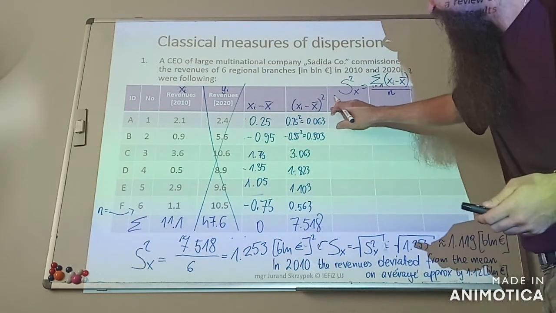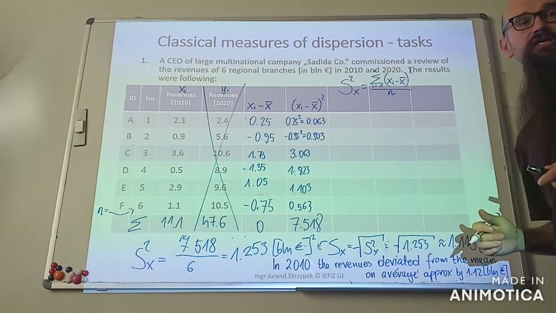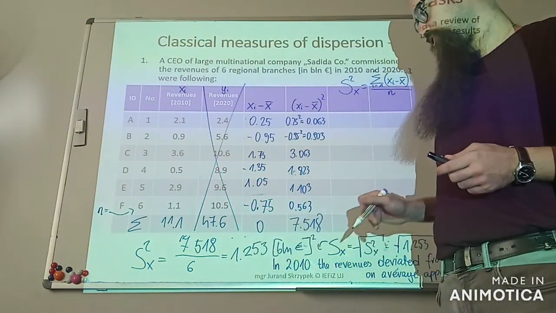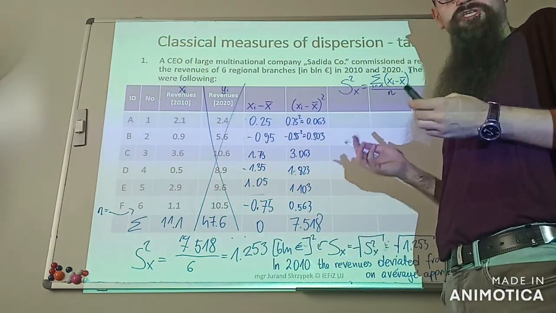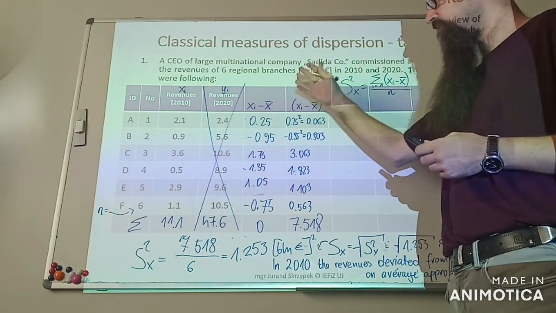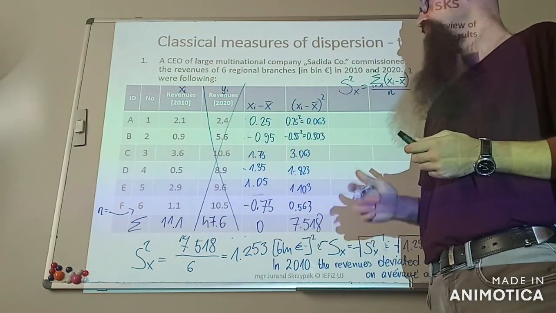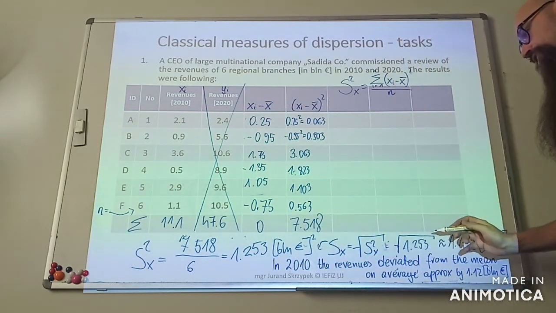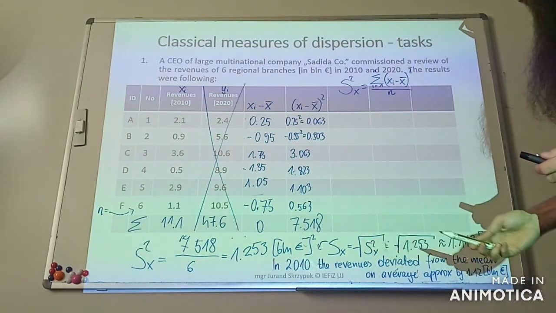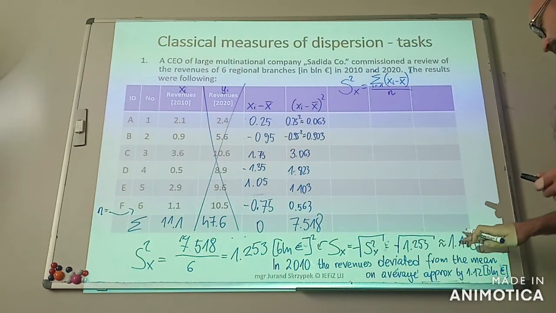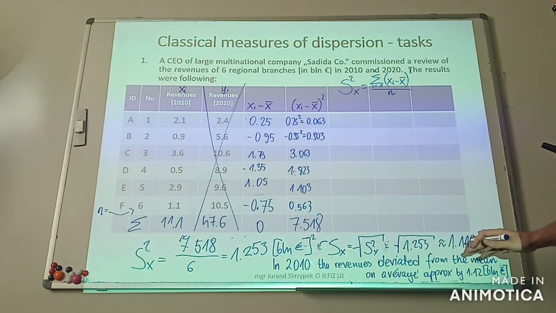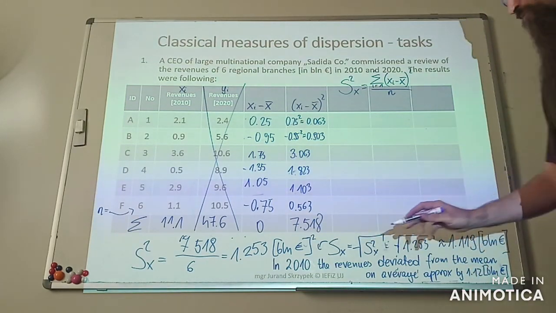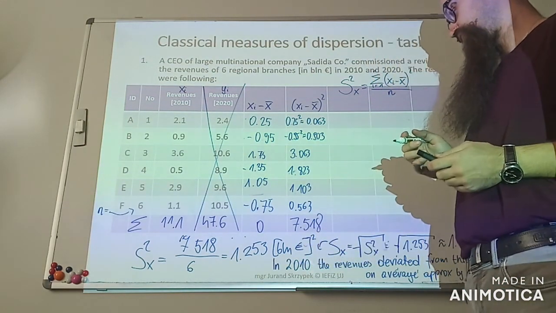So here we have only non-negative values, we have computed the average squared distance between the variable values and their mean, and after that we go back to the right scale to the appropriate unit, because we don't want to interpret billions euros squared.